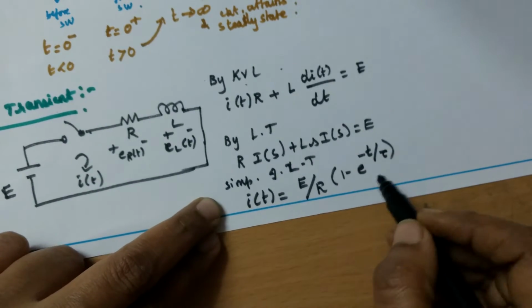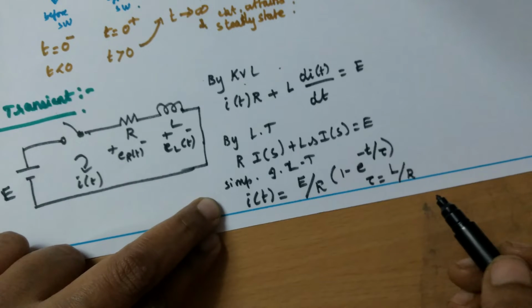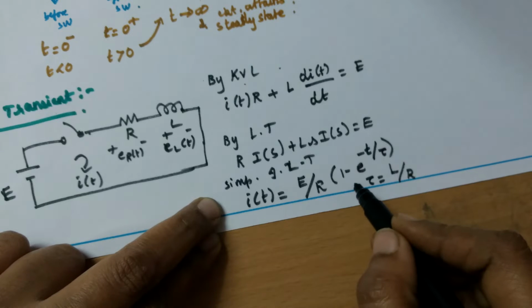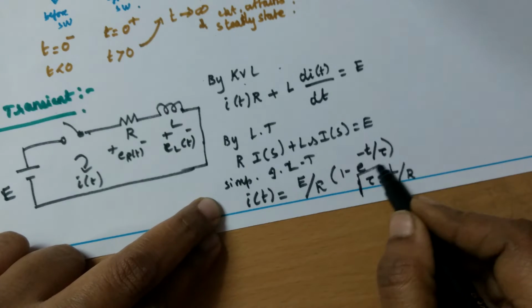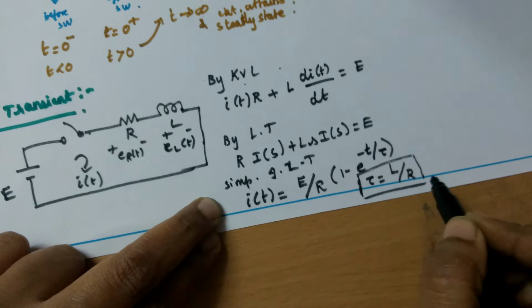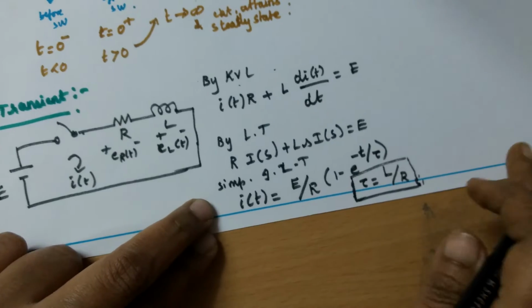For the RL circuit, tau equals L by R equivalent. The time constant is the time required to reach the steady state value.